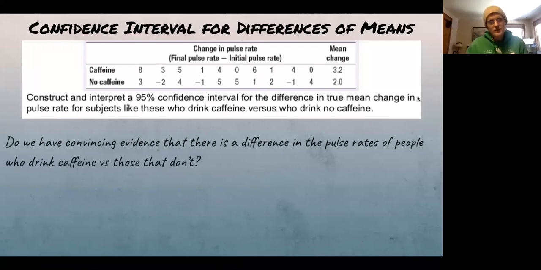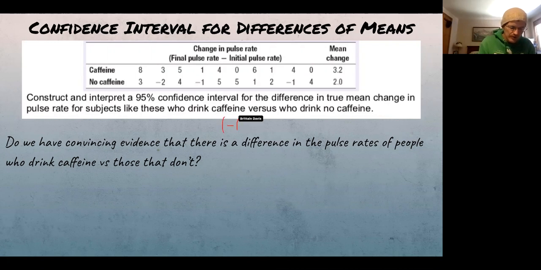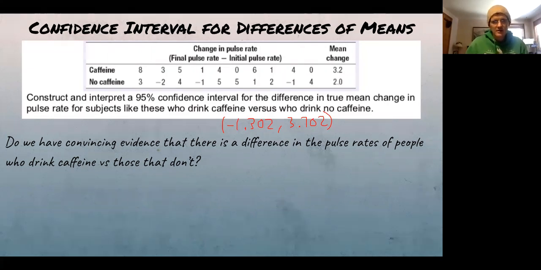Do we have convincing evidence that there is a difference in the pulse rates of people who drink caffeine versus those that don't? And this goes from negative 1.302 to positive 3.702 is our confidence interval. And this is where we need to remember, if we have a confidence interval that includes 0 and straddles positive and negative numbers, then we don't have convincing evidence that there's a difference between them.